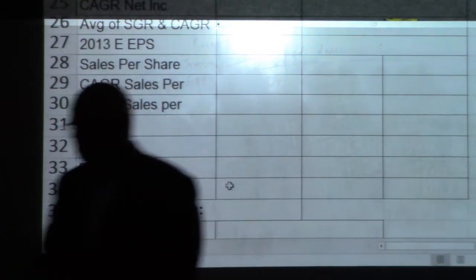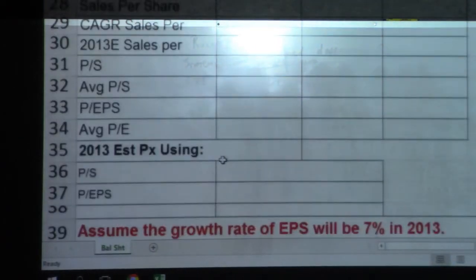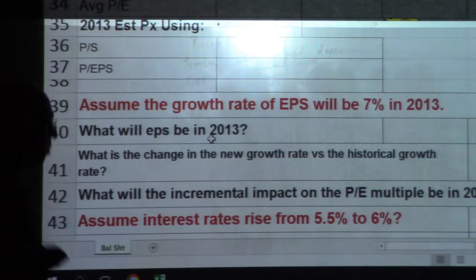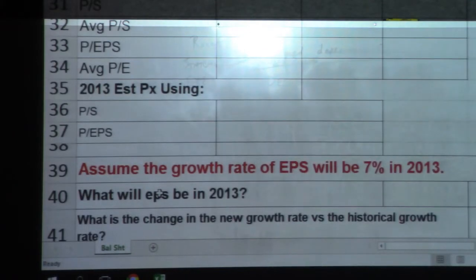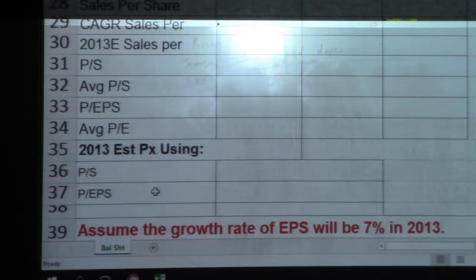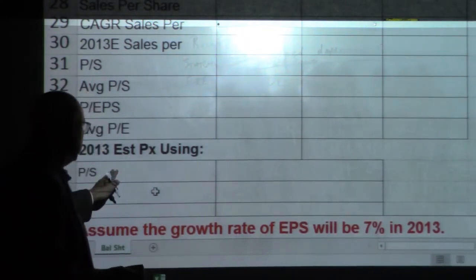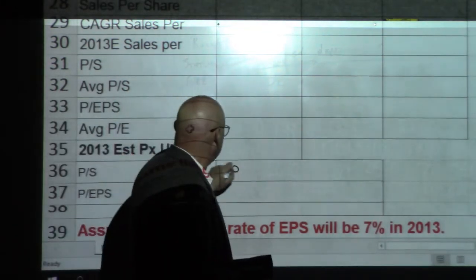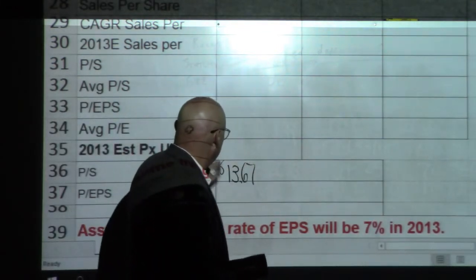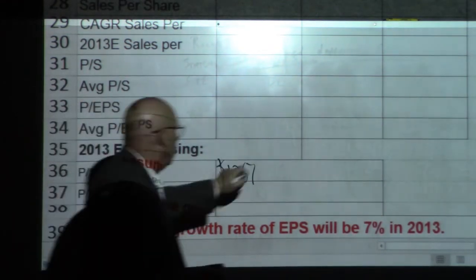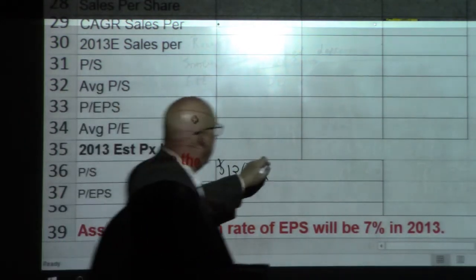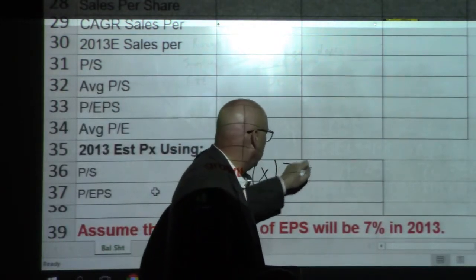Let's scroll up a little bit. We're getting to the bottom of this. All right, so using price to sales, our estimated sales per share, $13.67, that's our estimated sales per share times our average price to sales ratio of 1.79.